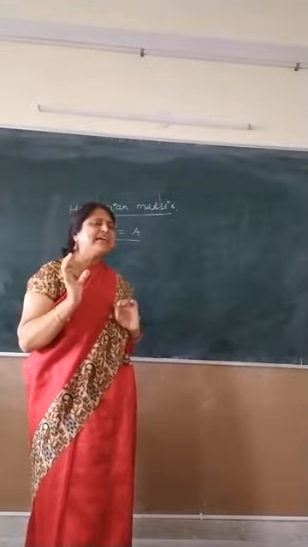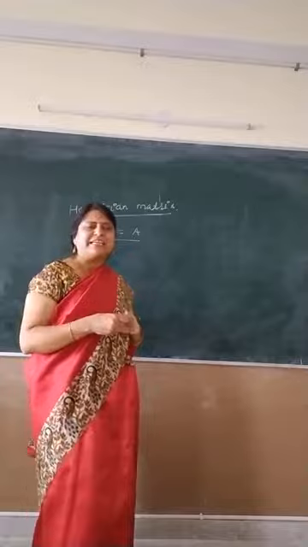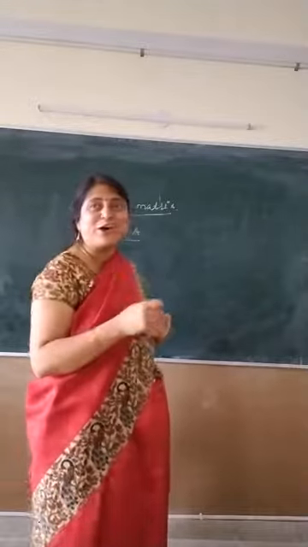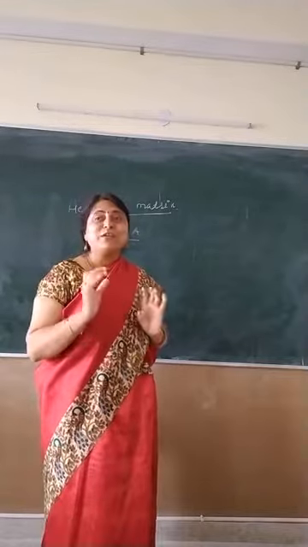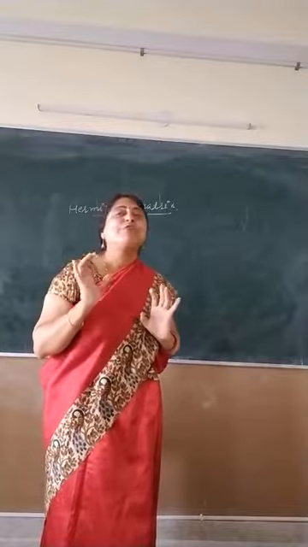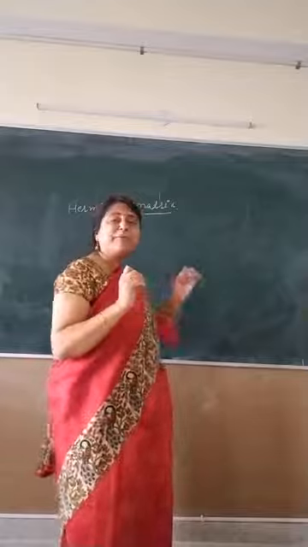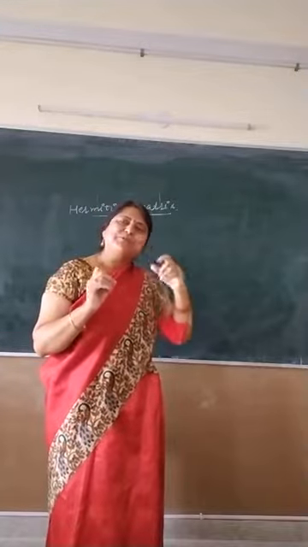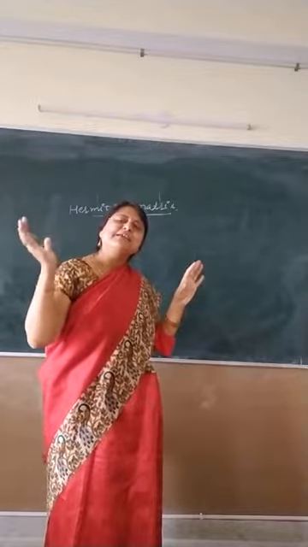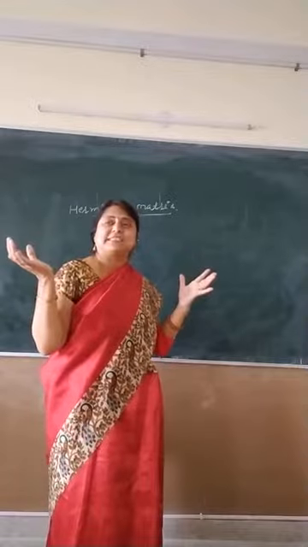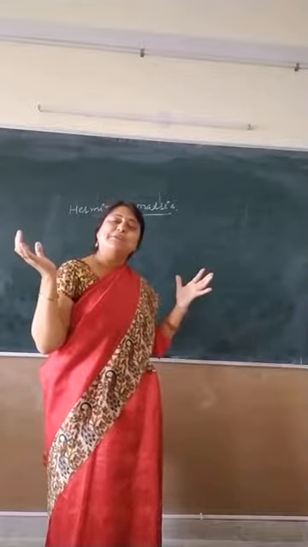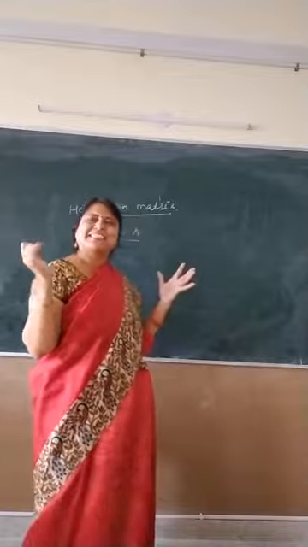Now I am writing an example of Hermitian matrix. Now see students, how will you write an example of Hermitian matrix? I will take one example here and then you have to write in your copy 3 more examples of Hermitian matrix.